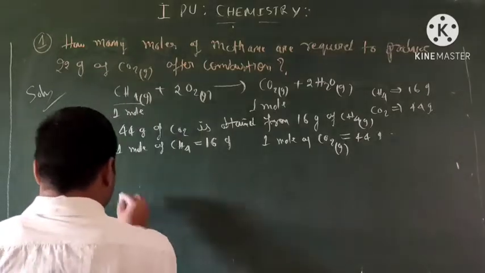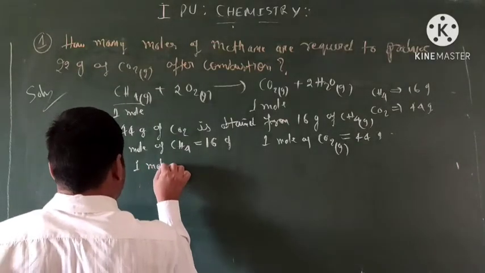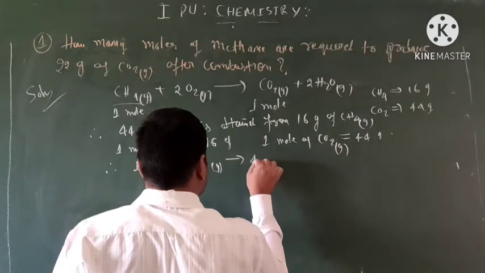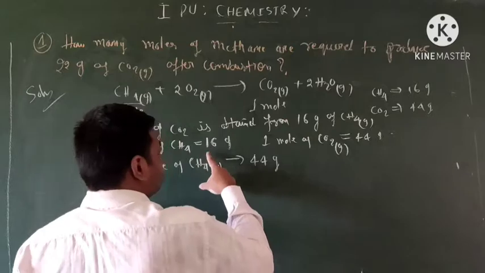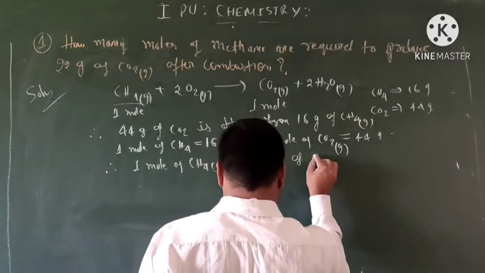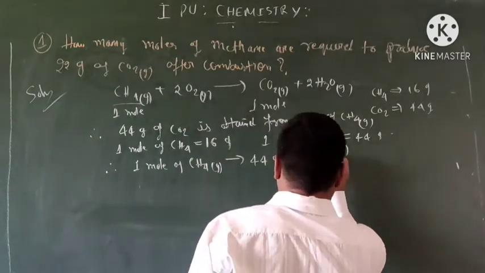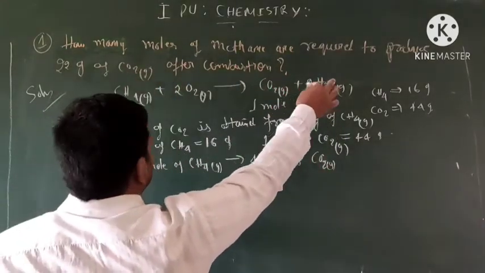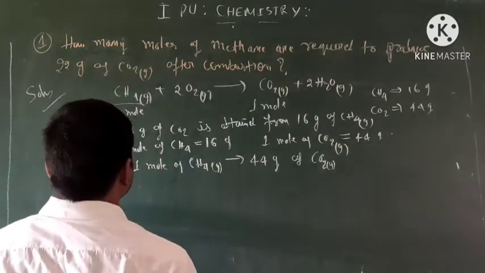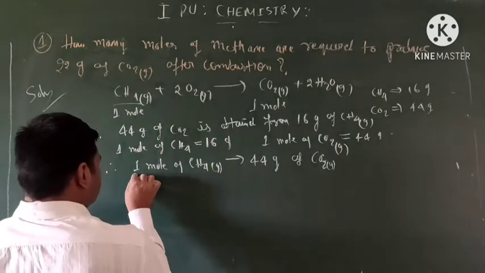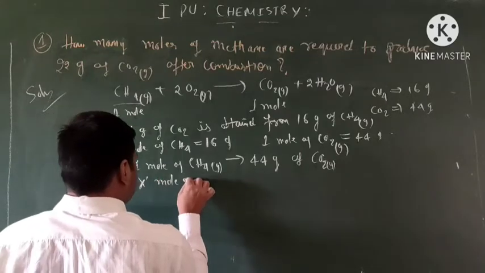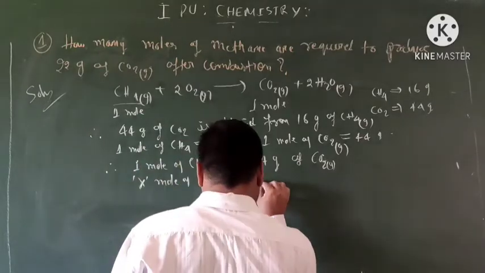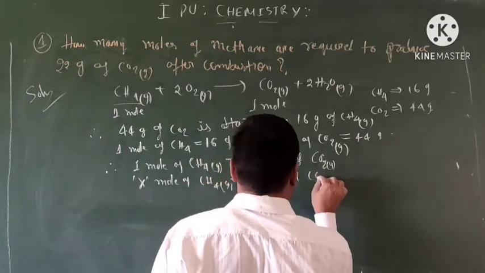So 1 mole of methane gives 44 gram of carbon dioxide. What we want is the required 22 grams, right? So X mole of methane gives 22 gram of carbon dioxide.